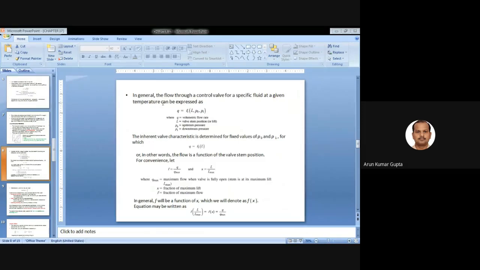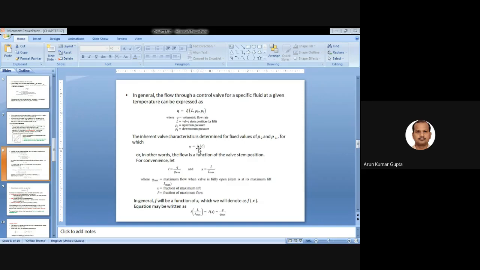As we discussed, generally the flow rate is a function of the valve stem position and the input and output pressure, upstream and downstream, or you can say the pressure drop. Generally, when we perform the experiment, we keep this term constant, the upstream and downstream pressure. So the flow rate is a function of the stem position.